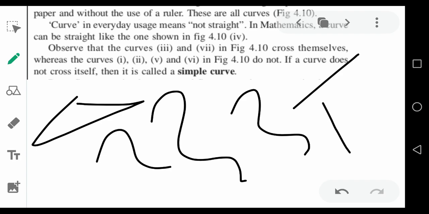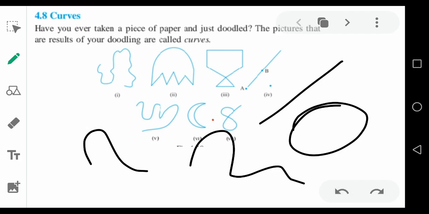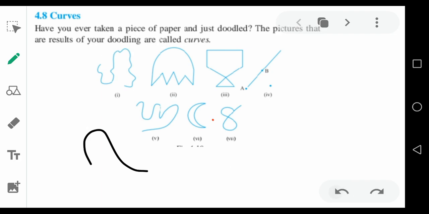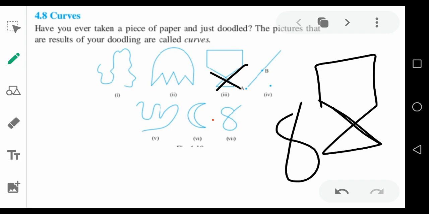Now you can see some curves already here in blue color. Okay, this curve is crossing itself. Crossing means you can see it is crossing like this. It has gone like this, it has become like this. It has crossed. And the seventh one also is crossing like this. Crossing means it is cutting like this. Other curves are not crossing.